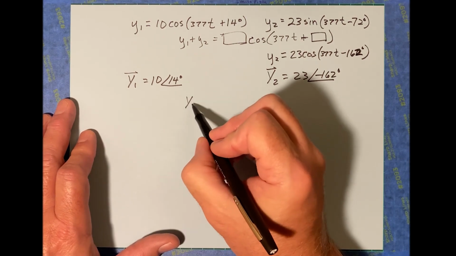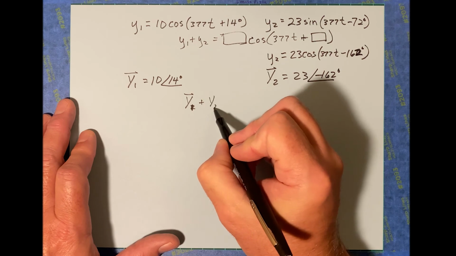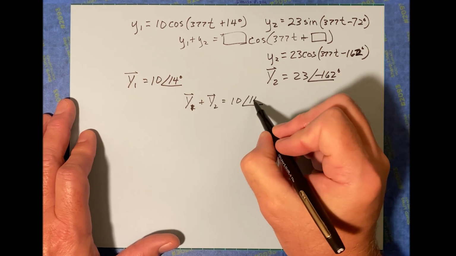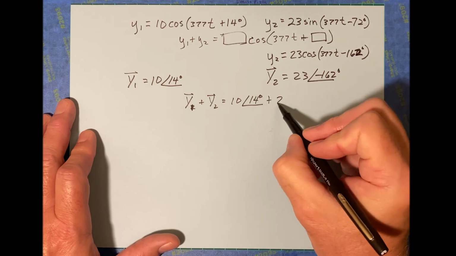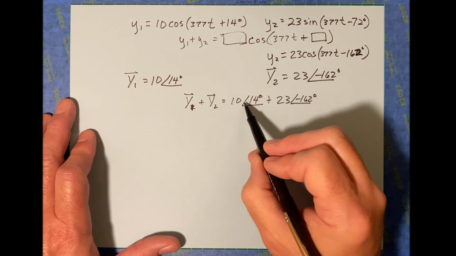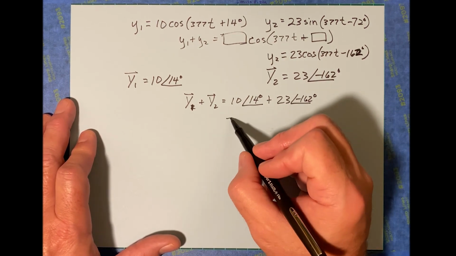Now let's add the two. Y1 plus Y2 is going to be 10 angle 14 degrees plus 23 angle negative 162 degrees. I can't add them together when they're in polar. I need to convert those to rectangular.